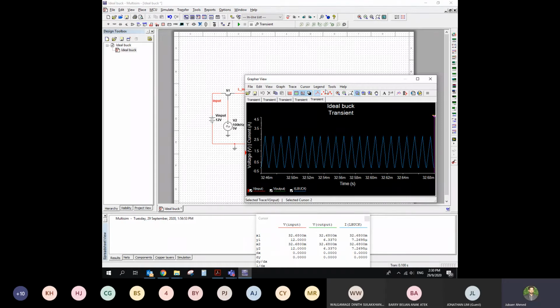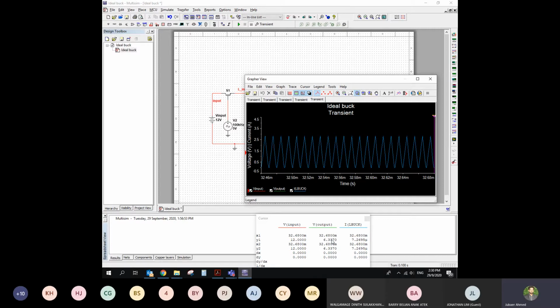Also, if you look at the output voltage, V output is 6.3370. So from 5.57, it has gone past 6 volt. This one has high ripple, and it is also crossing the 6 volt.